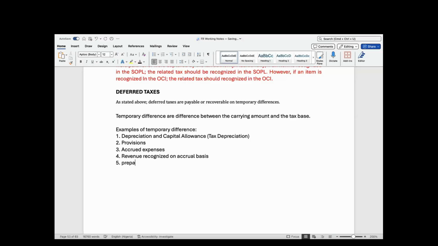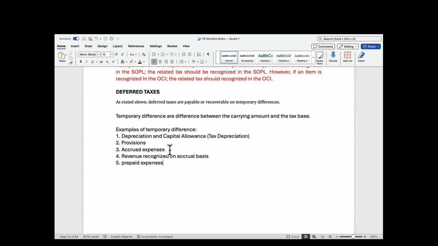Another one is prepaid expenses. Expenses that you have not incurred, but you have paid for, like rent that you pay. You can pay 2 years in advance. The taxman will allow the entire 2 years. They are ready to allow it for you, even though you have not captured it in your books as an expense. It can result in temporary difference should they allow the entire amount for you.